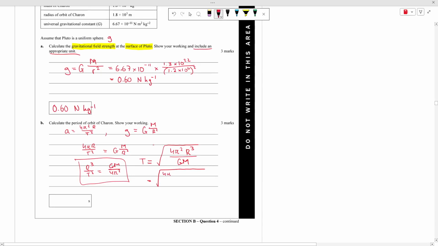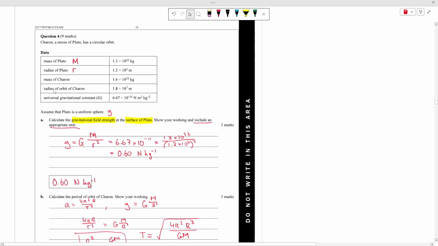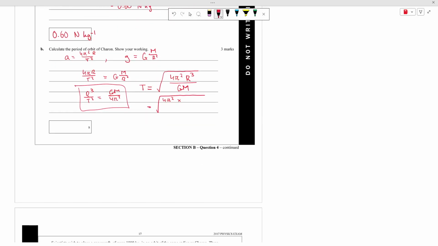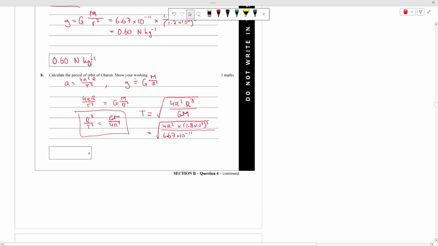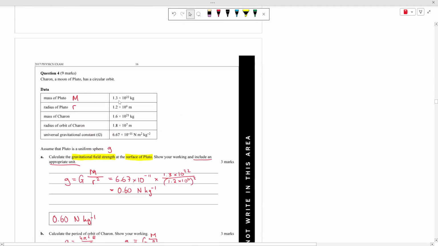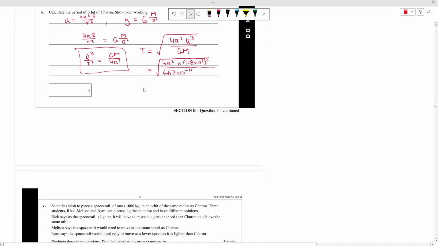Okay, 4 pi squared is 4 pi squared. Radius of Charon's orbit, so that's going up to here, 1.8 times 10 to the 7. That's cubed, so put it in brackets. And then that's all over G, and m is the mass of the thing you're orbiting, which is the mass of Pluto, 1.3 times 10 to the 22.